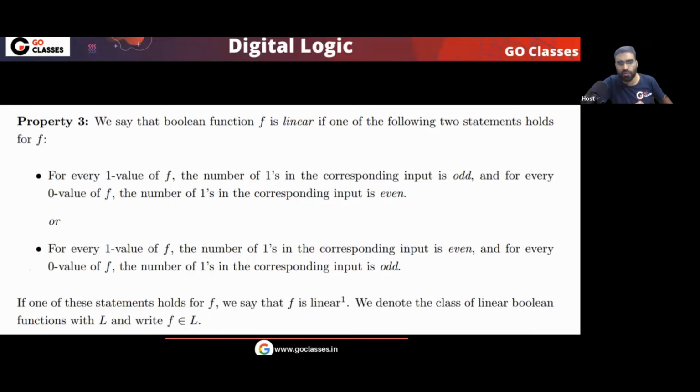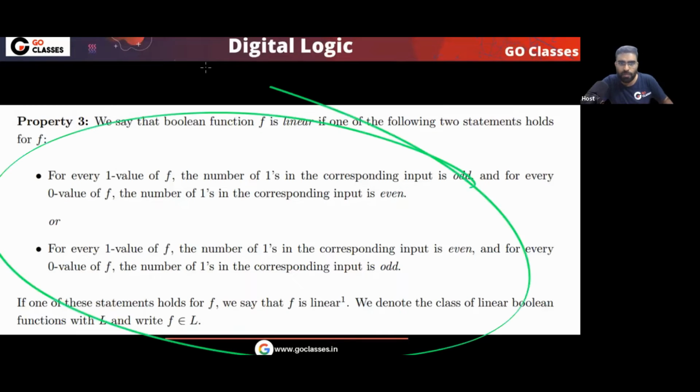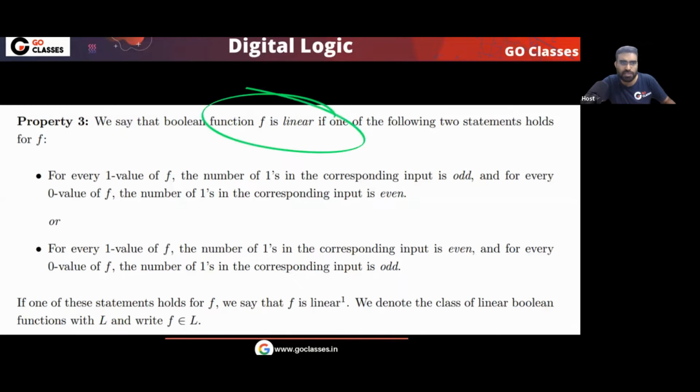But I want to tell you one important point, and this is very important. Before you check if a function is linear or not, first you minimize it. Is this clear? Before you apply this definition, before you check whether f is linear or not, you must minimize f.